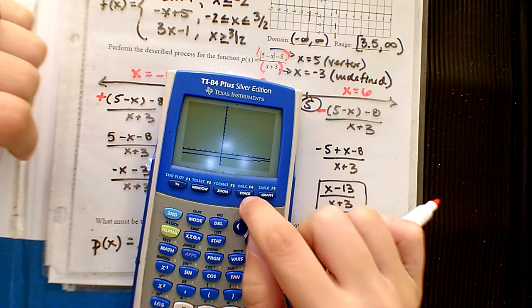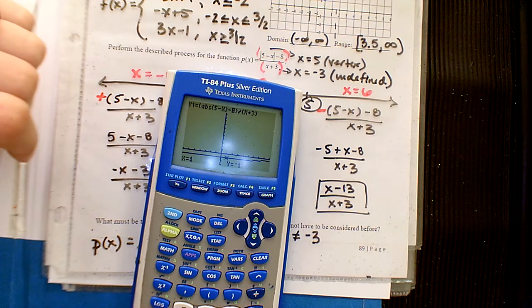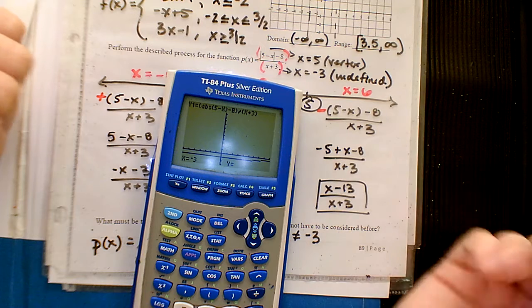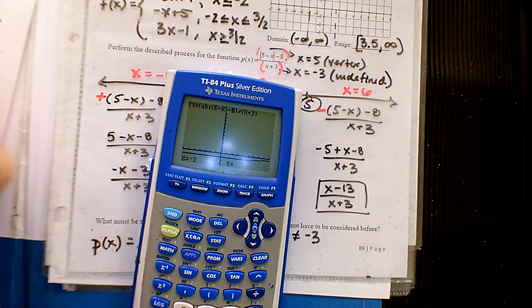Check this out. If you hit trace, remember that brings up the little spider, and you type in -3, notice how there's no y value associated with that x spot. So your calculator is not physically capable of graphing those open circles.